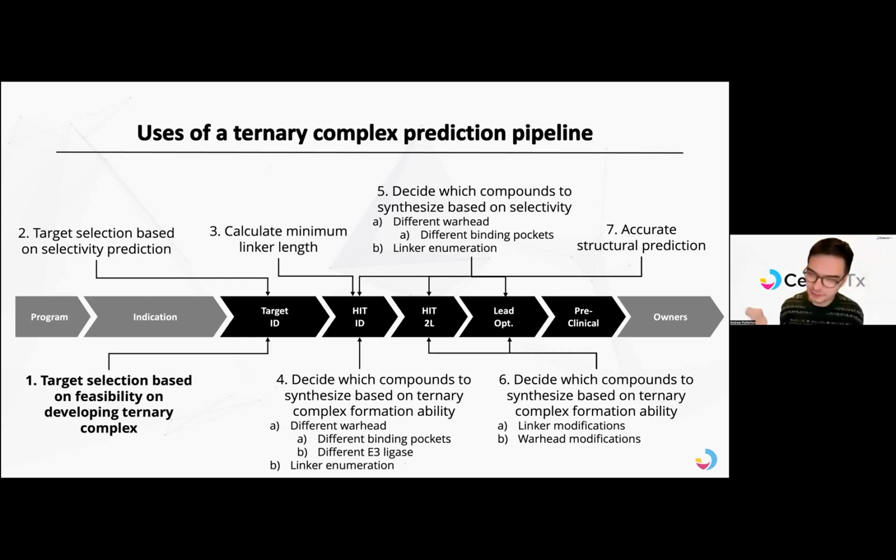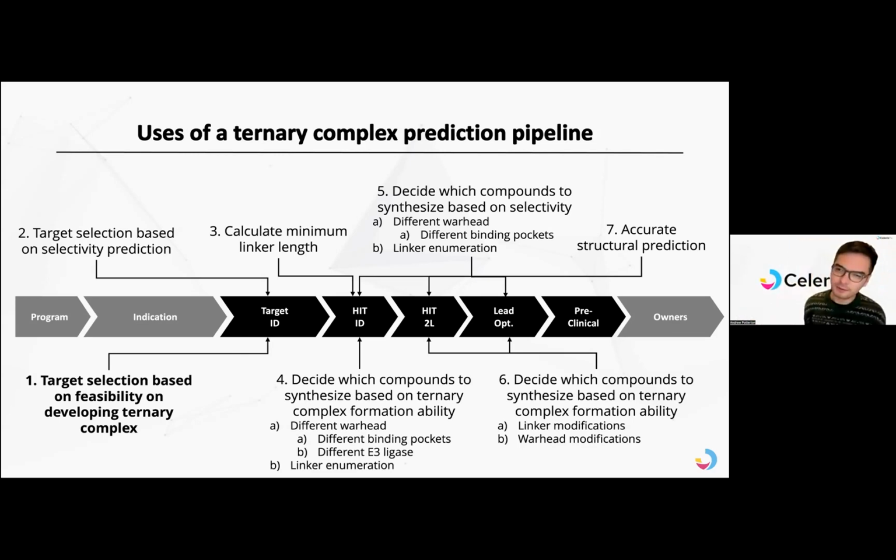If you are successful in achieving this prediction, you could prevent starting potentially difficult or very difficult or maybe even impossible projects. And for bigger pharma, rather than picking the right target, it's more about picking the right modality. So is a proximity-inducing or PROTAC approach suitable for this target, or is something else more suitable?